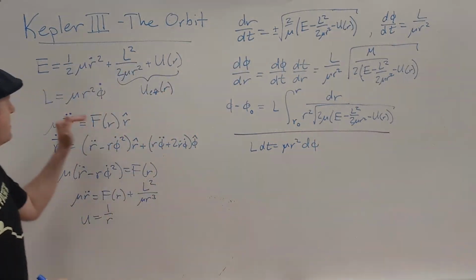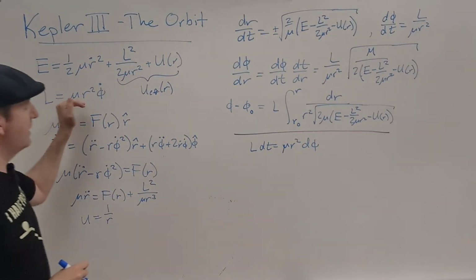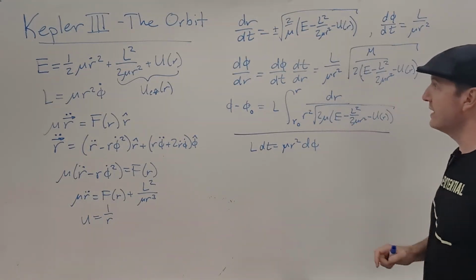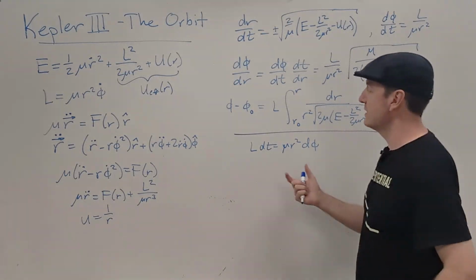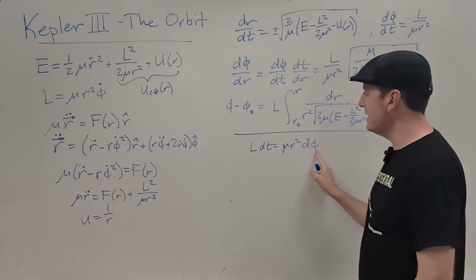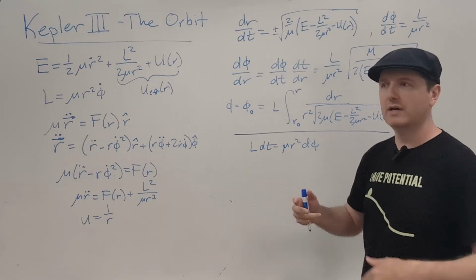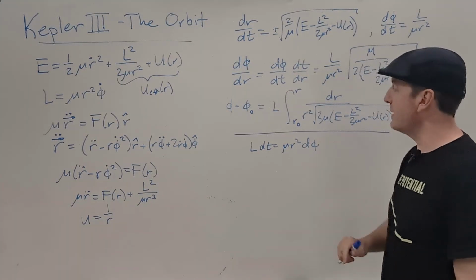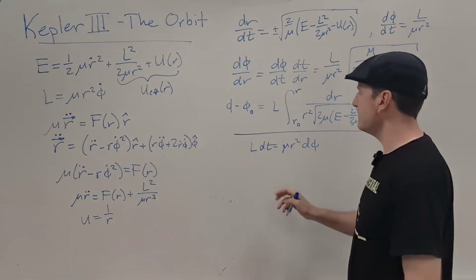So first thing I'm going to do is, again, go back to my conserved angular momentum. We can see over and over how powerful that is, and still for any arbitrary force. And notice that I've got a dt and a d phi that are kind of directly related here. So maybe this is how I should think about transforming time derivatives into spatial or angular derivatives.